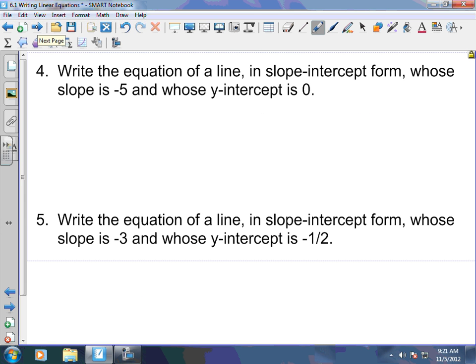Okay. Write the equation of a line in slope-intercept form. Y equals blank x blank. My slope is -5, so I can write -5 or -5/1. It doesn't matter. And my y-intercept is 0. Now 0 is neither positive or negative, but we always put a plus sign here.